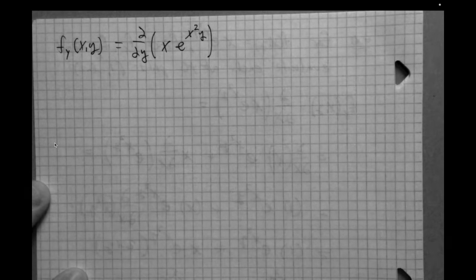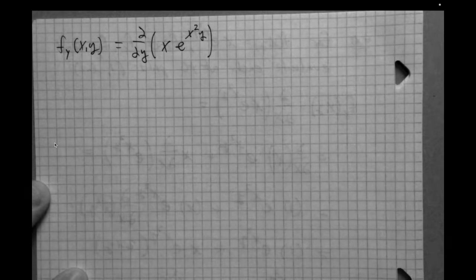to find these slopes. Okay, so let me actually flip pages here so we can get it all on one page. Okay, so example. Let's find the slopes of the surface given by, now here's the function, f of x,y equals negative x squared over 2 minus y squared plus 25 over 8.